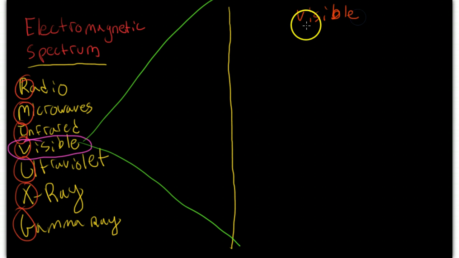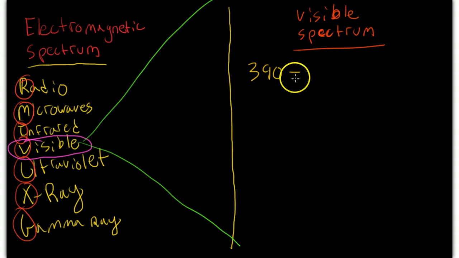Basically, in terms of wavelength, the human eye can pick up from about 390 to, let me think, 750, I believe, nanometers, which is very small, mind you.